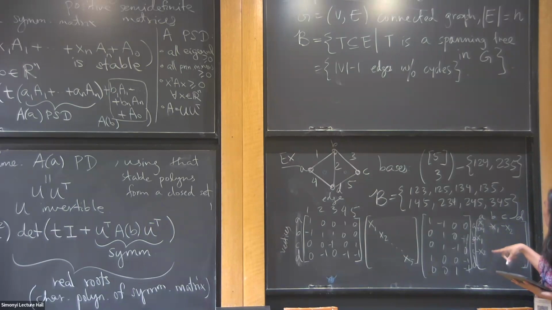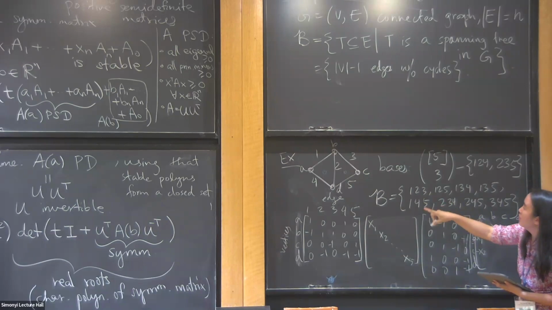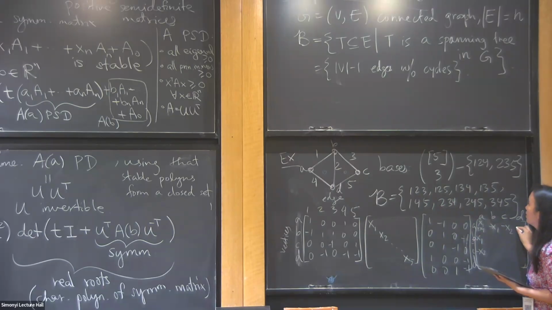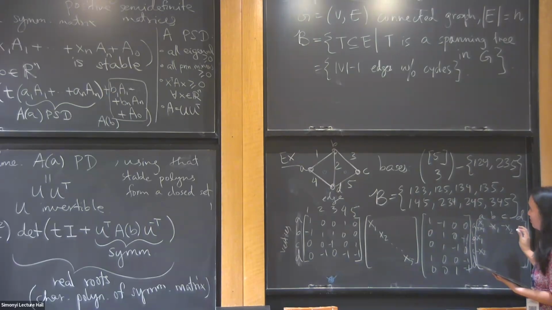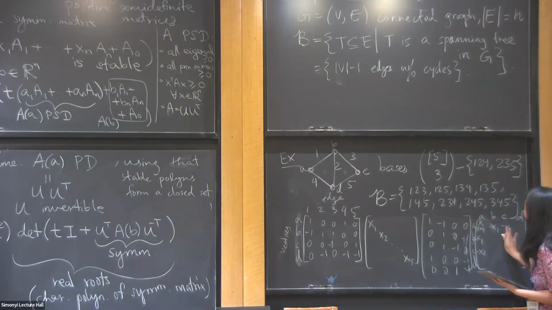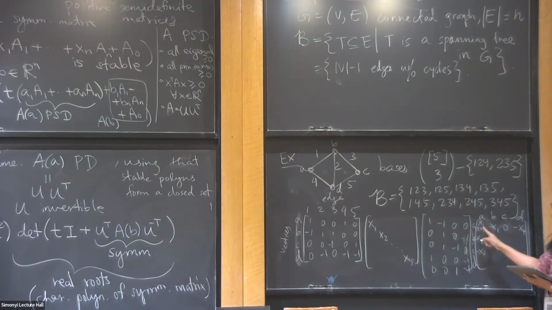So between A and D, I did something wrong. AC should be 0. And AD is minus x4, right? You see that row sums are all 0, so that means the determinant is 0.